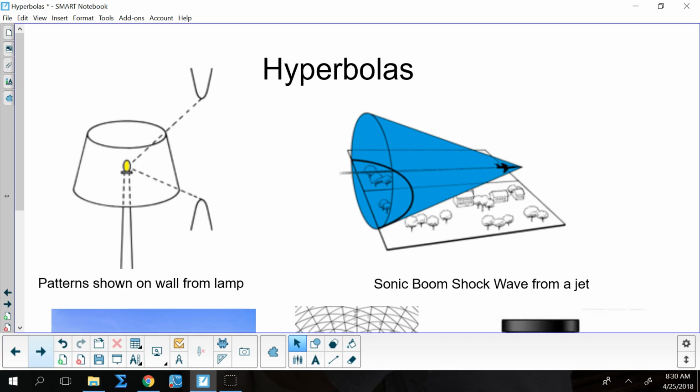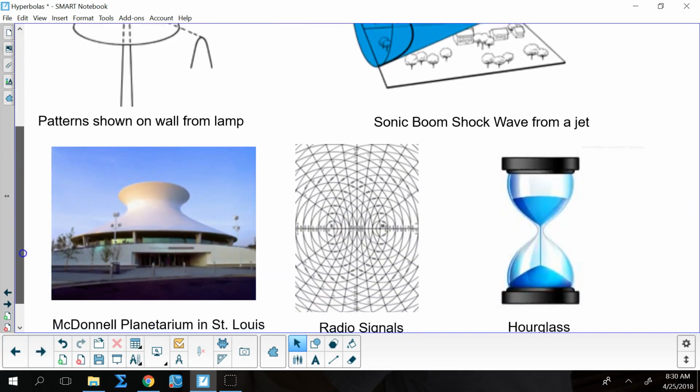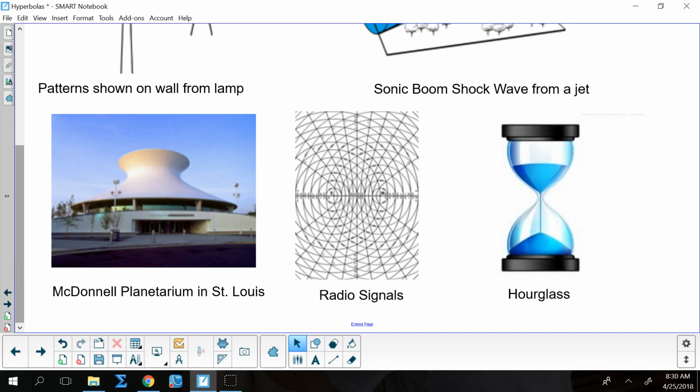That's my favorite one. A sonic boom is a hyperbola, or it's half of a hyperbola. What else we got? The planetarium in St. Louis is in the shape of a hyperbola. Radio signals and triangulating where radio signals are going, that's all hyperbolas. Hourglasses, the hourglass figure is a hyperbola.